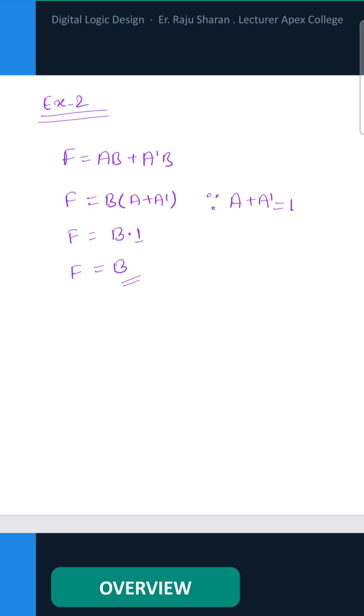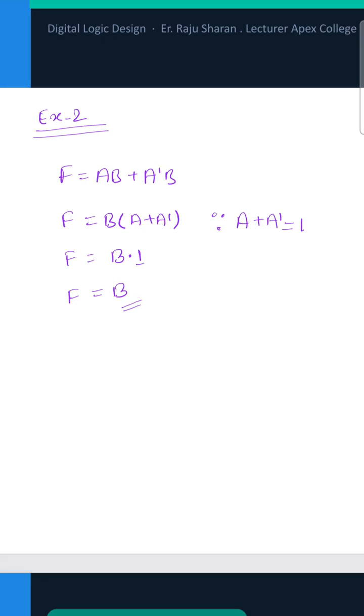Dramatically, the entire expression just simplified to b. What initially looked like a complicated circuit can actually be implemented using a direct connection, which is b.